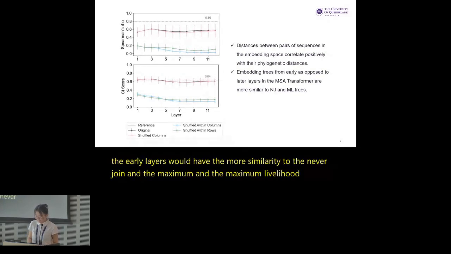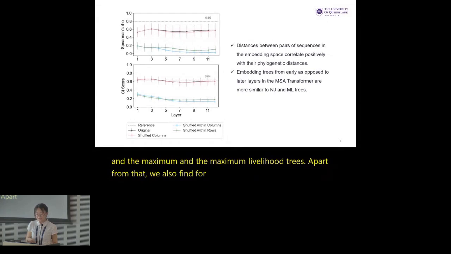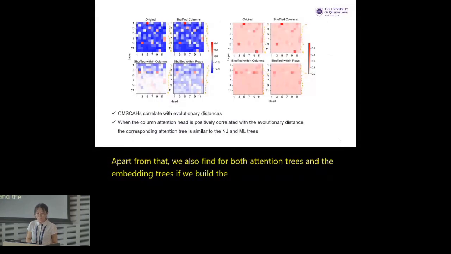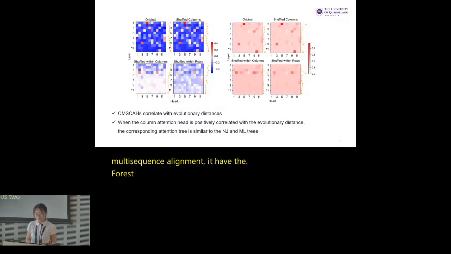Apart from that, we also find for both attention trees and the embedding trees, if we build the tree using the first two multi-sequence alignments, it has comparable results and is very similar to the traditional phylogenetic trees. And if we build the tree using the last two multi-sequence alignments, it has distinct patterns.